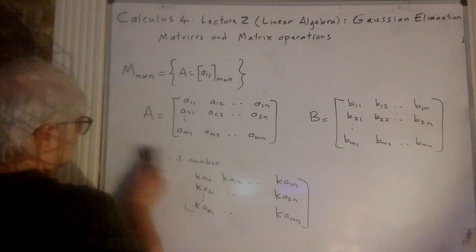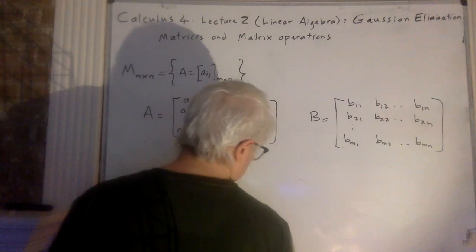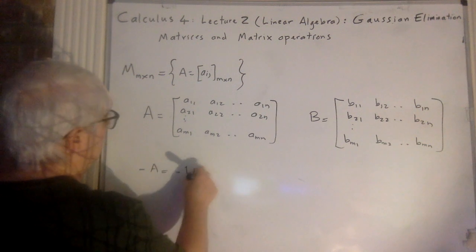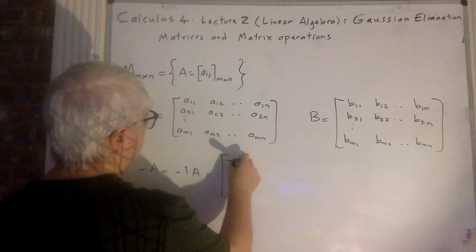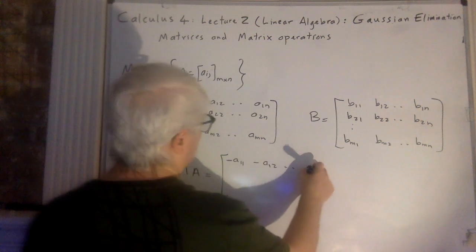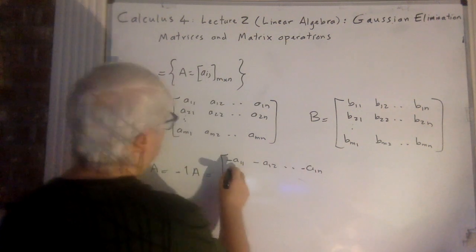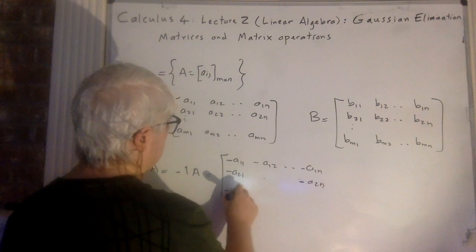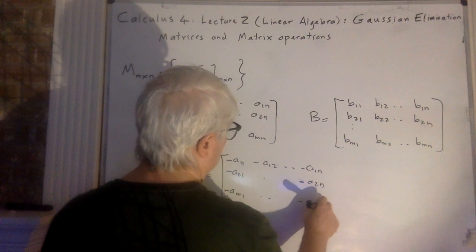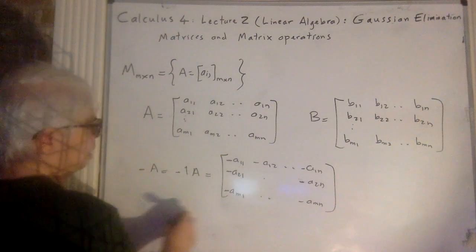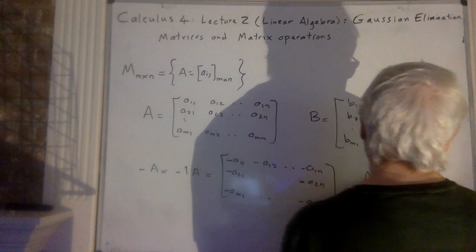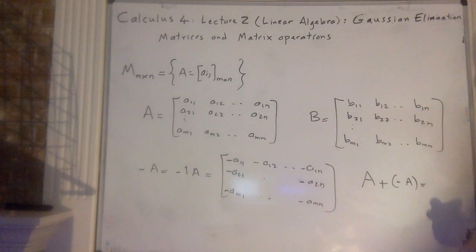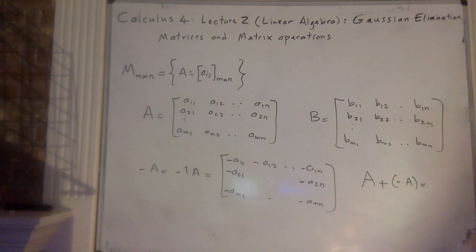So negative A simply is like -1 times A. And that is minus a11, minus a12, up to minus a1n, minus a21, minus a2n, and so on. The interesting thing is that A plus minus A, if I add element-wise, I will get 0 everywhere.